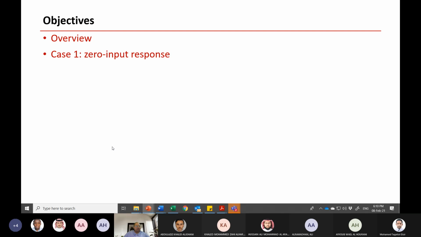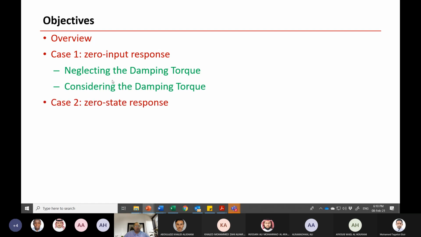The other one is homogeneity: if you scale the input up by some value, the output will be scaled up by the same value. So we will study here the zero input response and the zero state response, and we can add them up to get the complete response of the system later on.